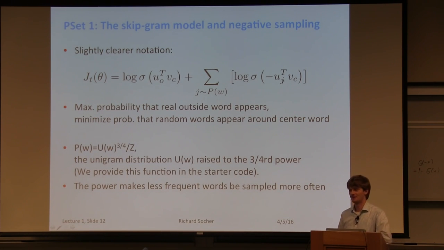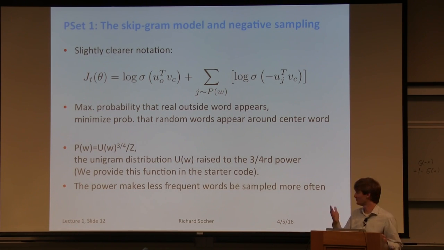Isn't the point that we want to sample words that are often co-occurring? That's correct. If it was completely uniform, we would sample very rare words like aardvark as often as very frequent words like hello. And so here we will sample those more frequently, but not crazily so.